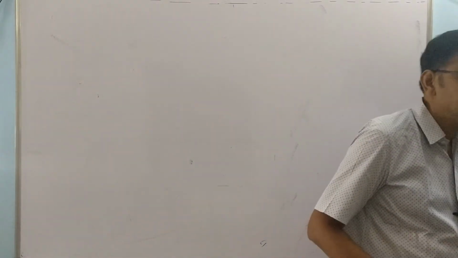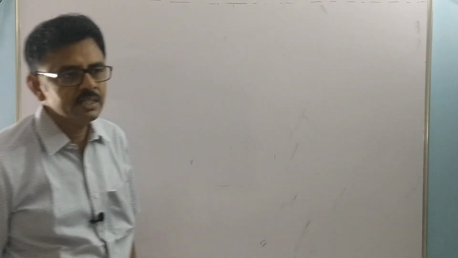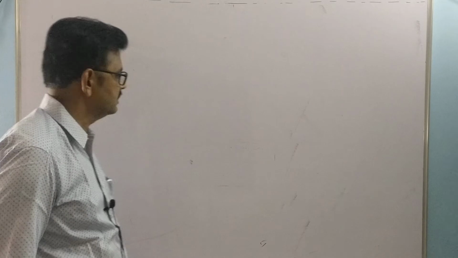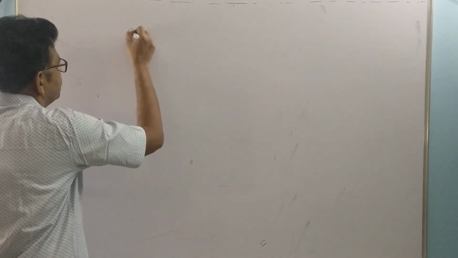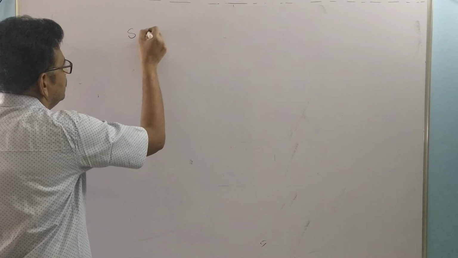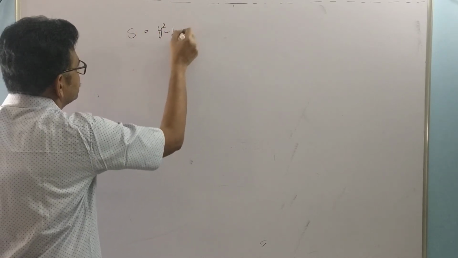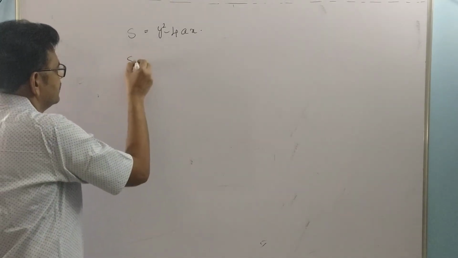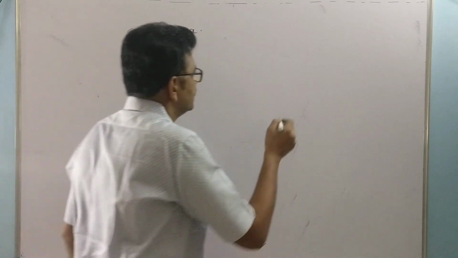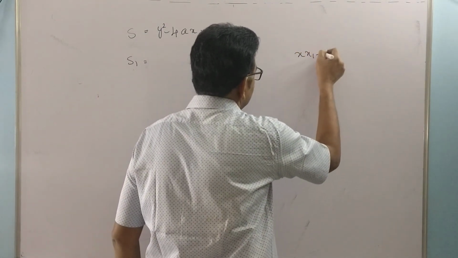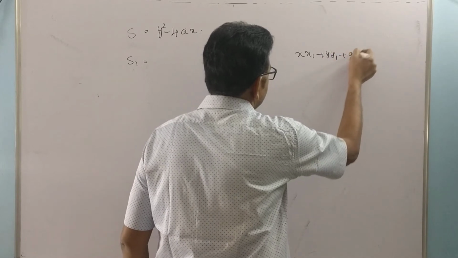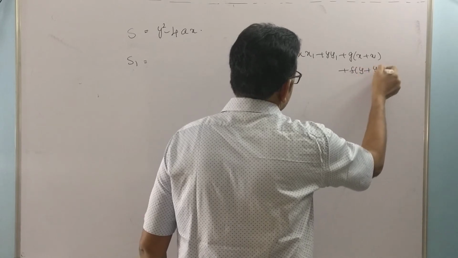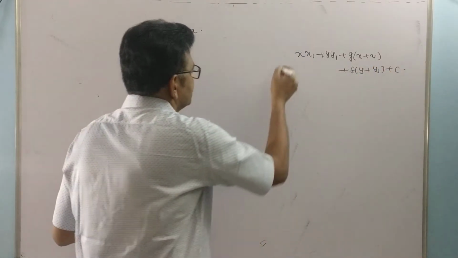Just like circles also have notations, S, S1, S2, S11 and S12, like this. There also the equation of parabola is denoted by S equal to 0, where S equals y square minus 4ax. This is S, and S1. For the circle we have S1 is xx1 plus yy1 plus g into x plus x1 plus f into y plus y1 plus c. So this is S1 for circle.